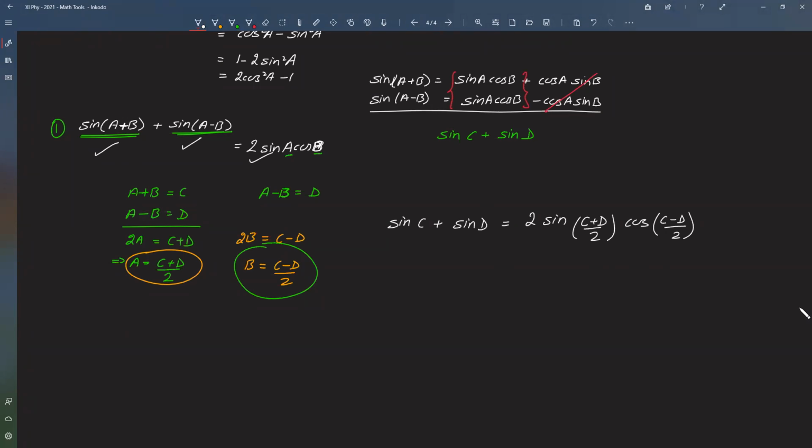So sine C plus sine D we have done. Similarly, you will have sine C minus sine D, cos C plus cos D, and lastly cos C minus cos D. All these expressions will be similar, but confusing.